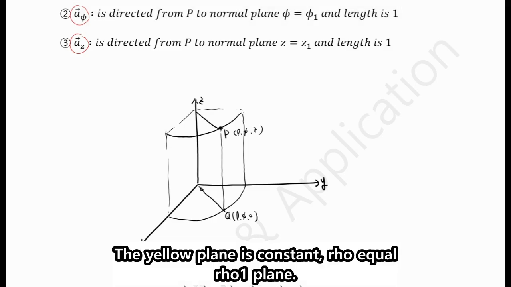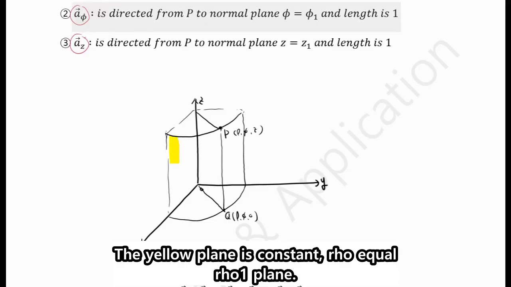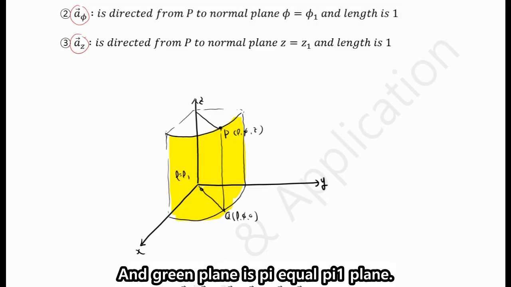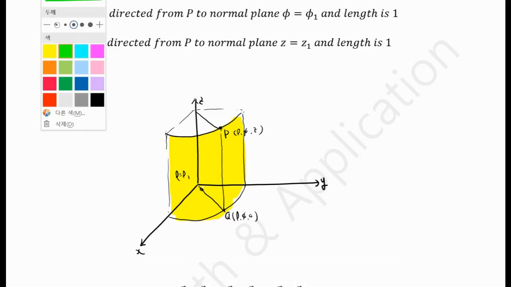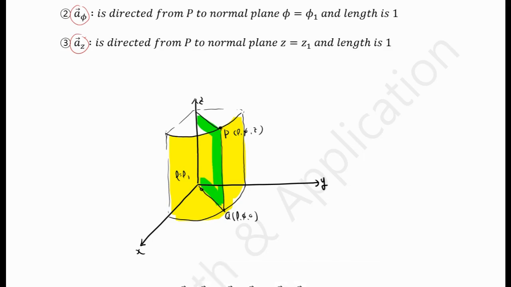The yellow plane is the constant rho plane, rho equals rho 1 plane. This is the rho equals rho 1 plane. And the green plane is the phi equals phi 1 plane.